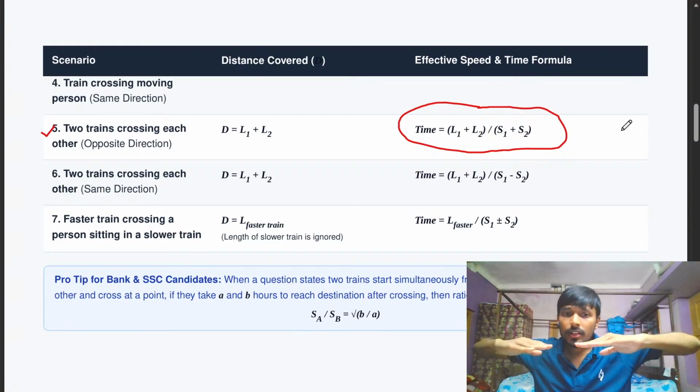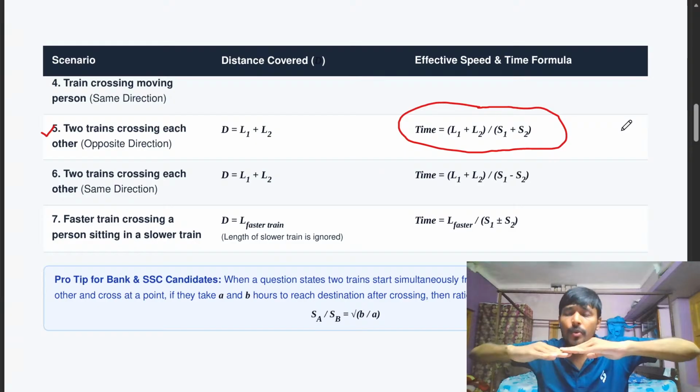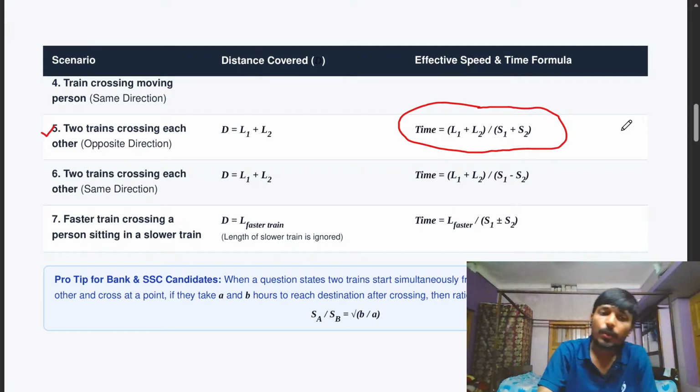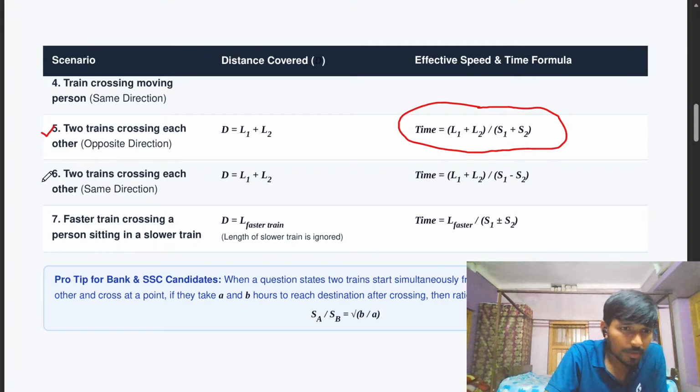Because they are in opposite directions, the speeds of the trains will be added.